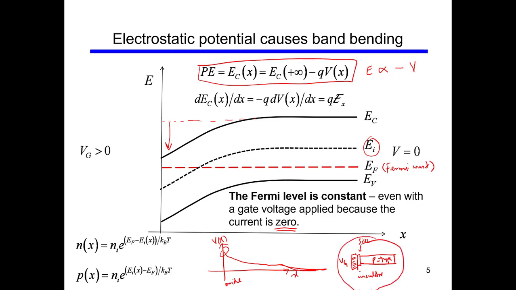Okay, so the insulator has an effect that it does not allow the current to flow in this kind of structure. So that's why the Fermi level, which depends on the flow of current, is constant. All other energy bands have moved down. Okay, regarding the intrinsic band, it is the middle of EC and EV. So it's the middle of the conduction and valence bands. Okay.